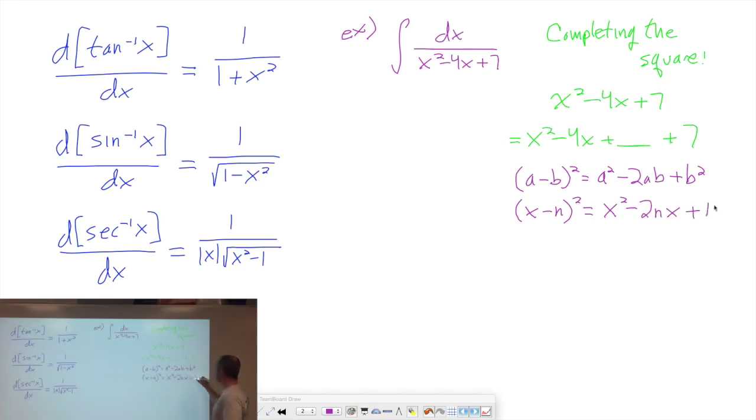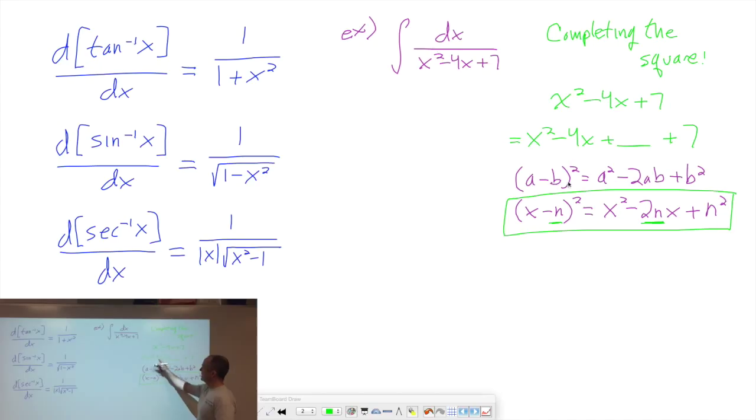My last term would be plus n squared. I'm going to pick a number that will fit this pattern here for what we were given. So we get a 2n here and a minus n here.